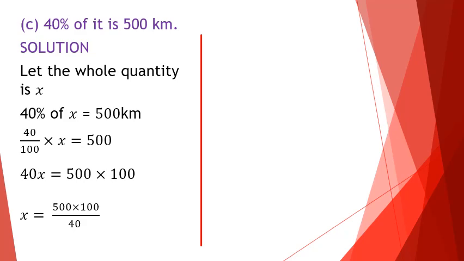Again 4 can be cancelled by 4 in the denominator. So the denominator becomes 1 and 100 divided by 4 becomes 25. So we get 25 into 50 equals 1250 kilometer. Hence the whole quantity is 1250 kilometer.